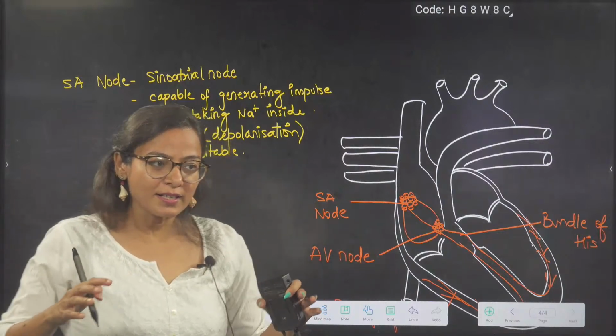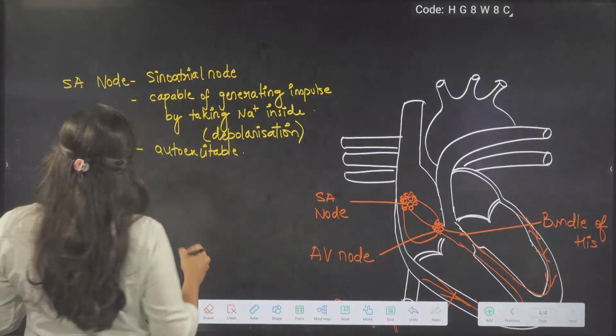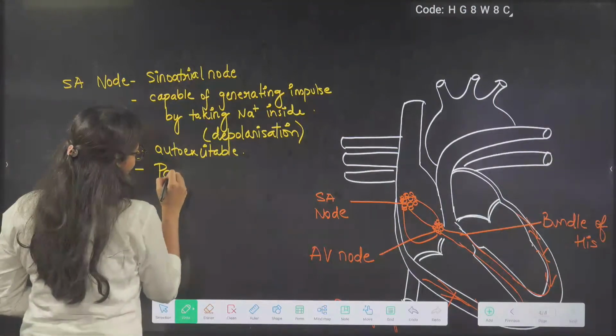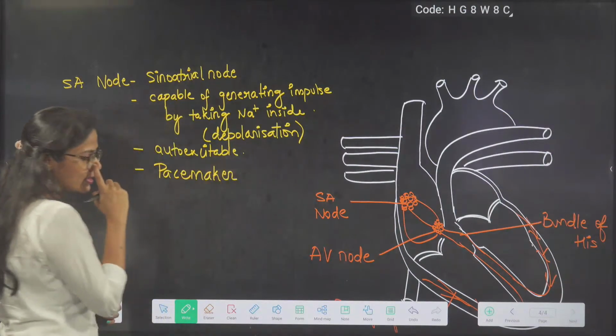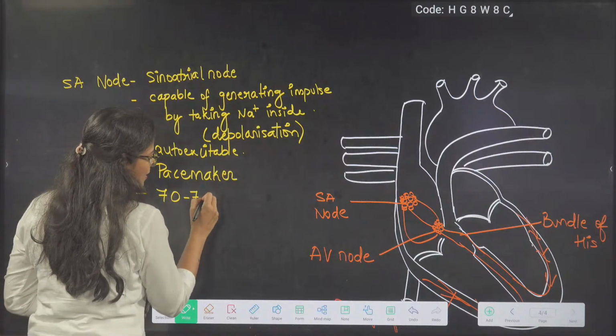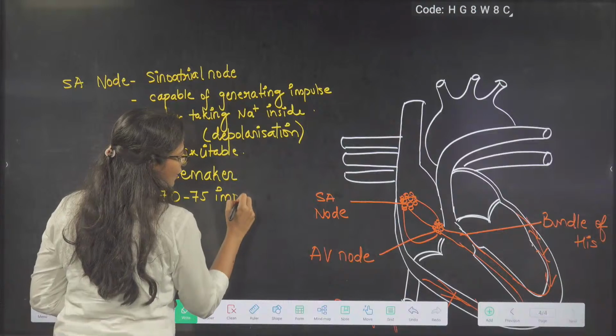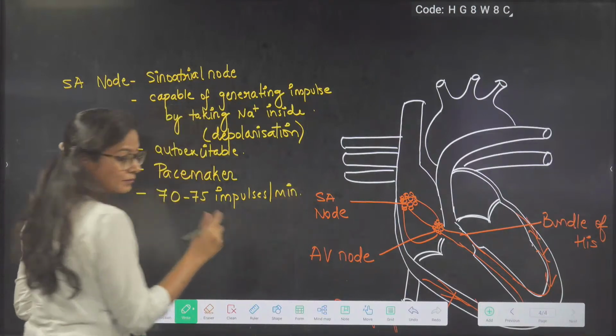Now what is happening? SA node is generating impulse on its own. So we call it pacemaker. Why pacemaker? Because it is able to generate around 70 to 75 impulses per minute. Understood?